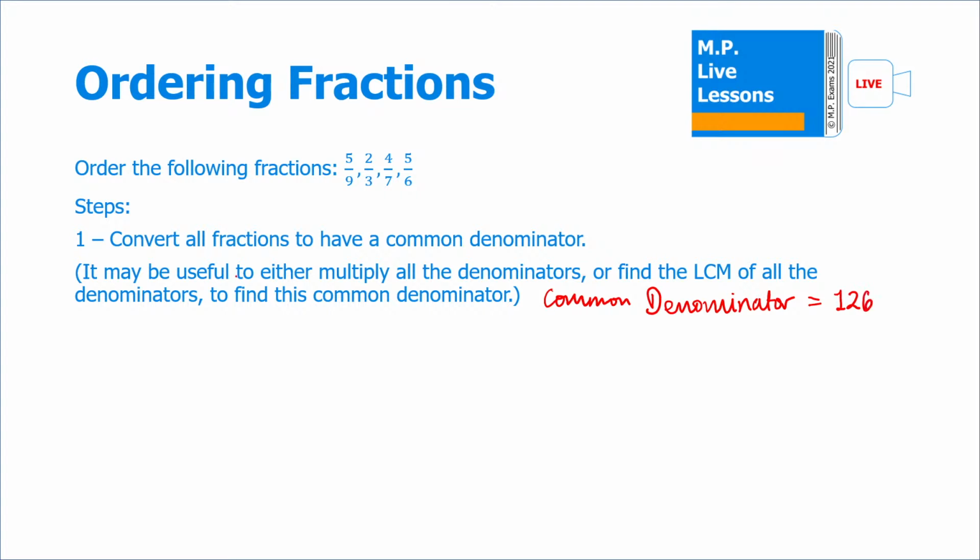If I write out the fractions again, and I put all the common denominators, we just need to figure out what each will be multiplied by, just because to make equivalent fractions, you need to multiply the top and the bottom by the same number.